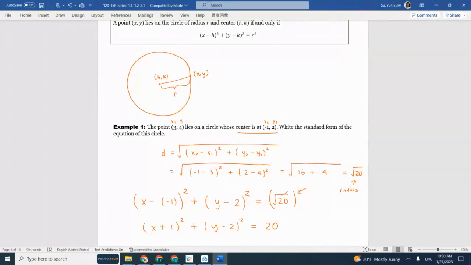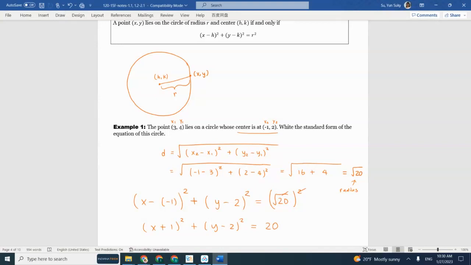So in an exam, you may have a problem asking you to write down the equation of the circle. Okay, so the distance formula and the midpoint formula, you gotta remember them. What was the midpoint formula? You have 2 points, x1, y1 and x2, y2. For the midpoint, think about average.